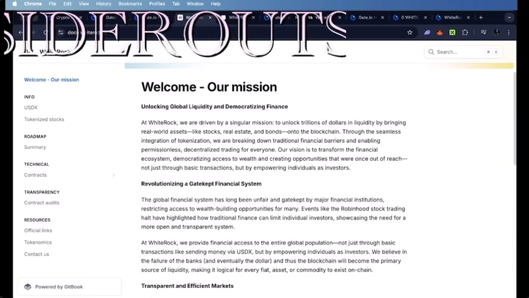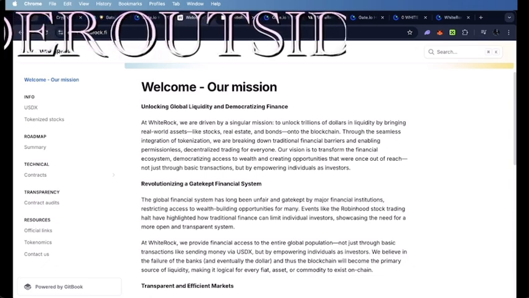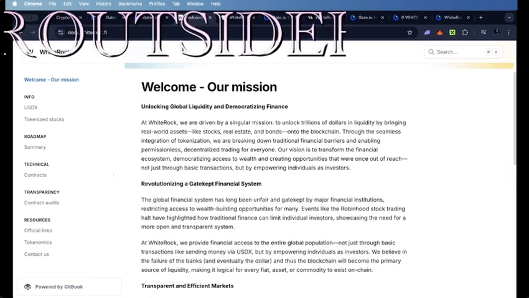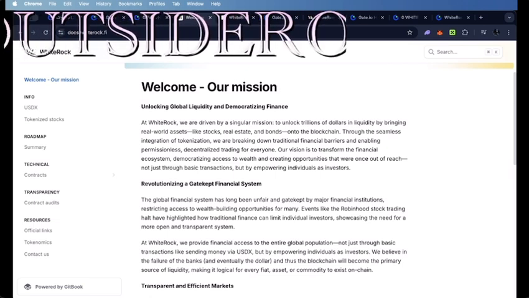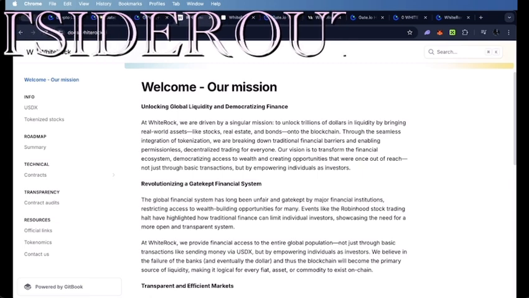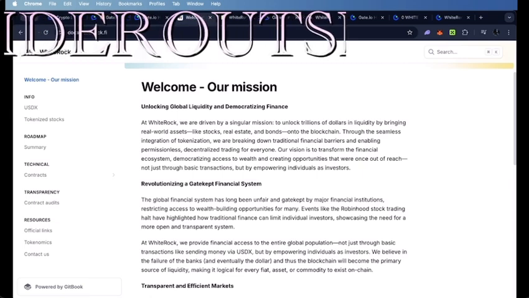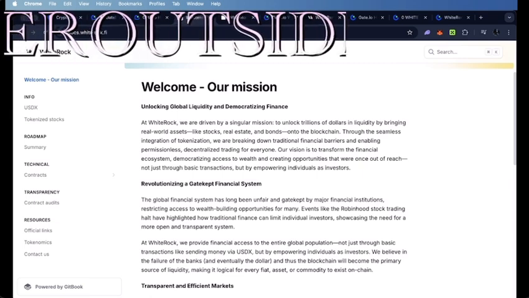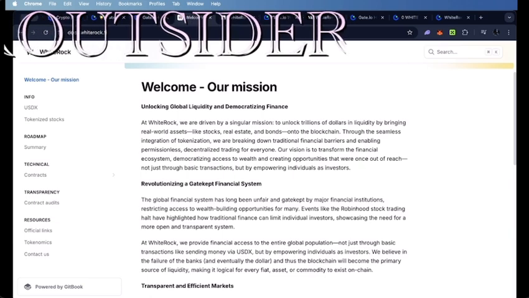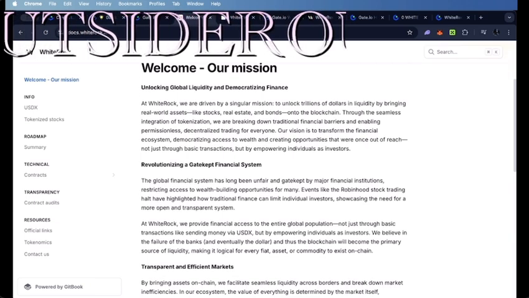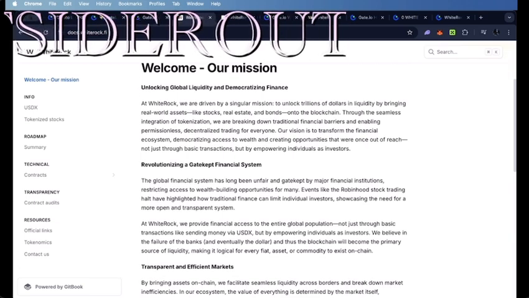Our mission is to transform the financial ecosystem, democratizing access to wealth and creating opportunities that were once out of reach, not just through basic transactions, but by empowering individuals and investors. Revolutionizing a gatekept financial system.